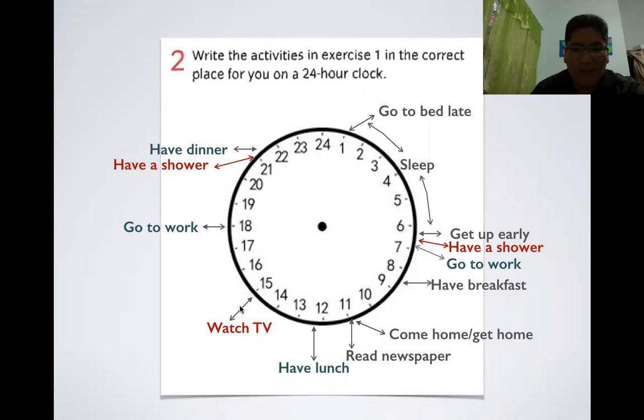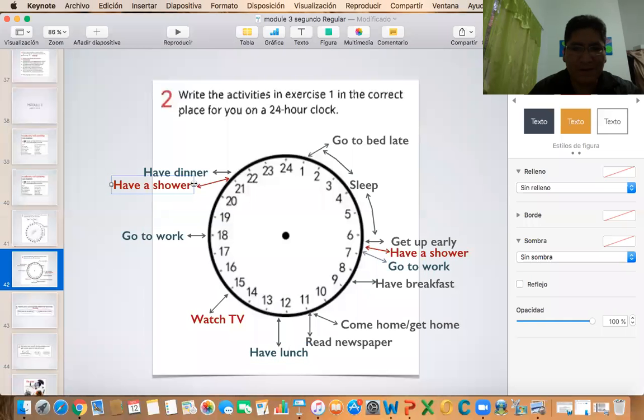And I watch TV at 3 o'clock in the afternoon. And I go to work again at 6 o'clock. And I have a shower. Sorry, this is not correct. At this time, I have to change this.